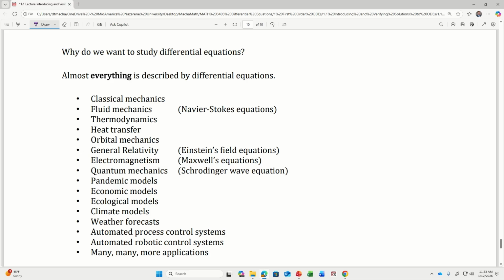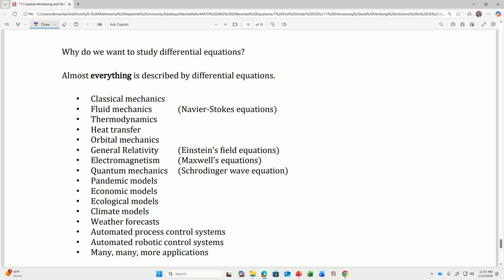Obviously, we talked about how differential equations show up in physics, like Maxwell's equations and the Schrodinger wave equation. We just showed how a pandemic model, modeling how disease spreads through a population, could be a really useful application of ordinary differential equations. But people also use differential equations for economic models, ecological models, like how the populations of predators and prey are going to change in an ecosystem over time.